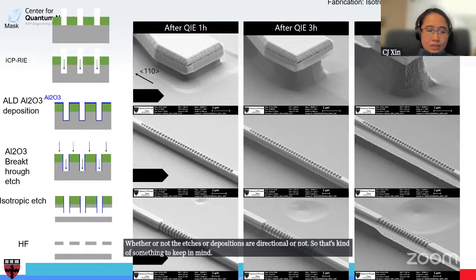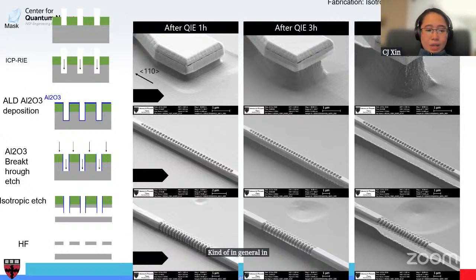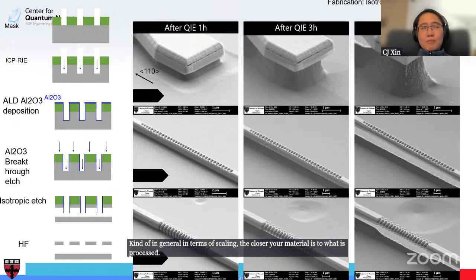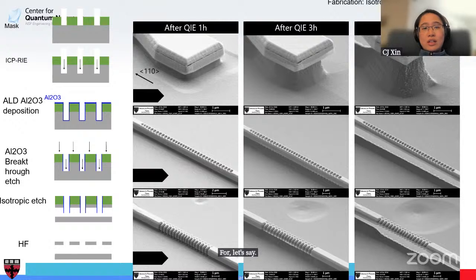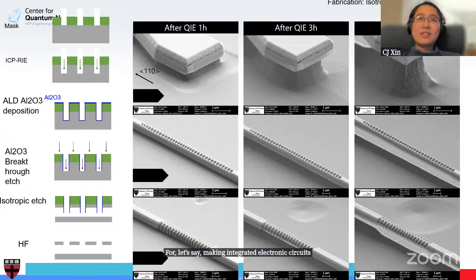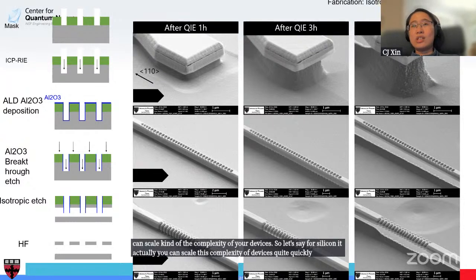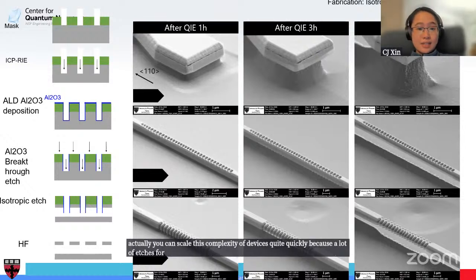In general, in terms of scaling, the closer your material is to what is processed for making integrated electronic circuits, the faster you can scale the complexity of your devices. For silicon, you can scale the complexity of devices quite quickly because a lot of etches for silicon and silicon dioxide have decades of research behind them.